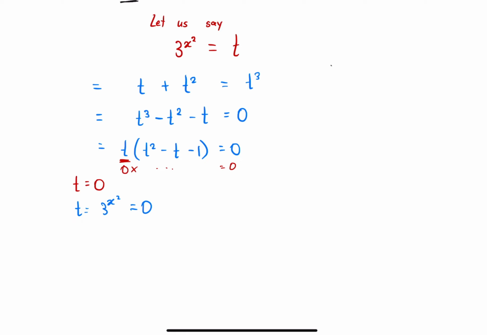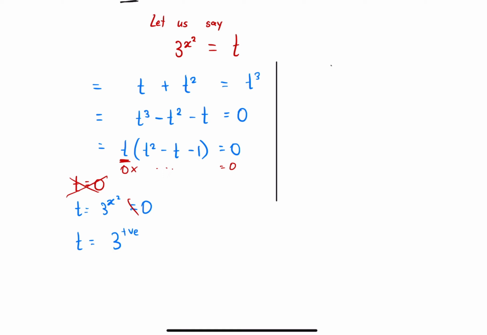That means t would equal 3 raised to a positive integer, and 3 raised to any positive integer would never give us 0. So that means t equals 0 is not a possible answer. So let's look closely at what else it could be then.